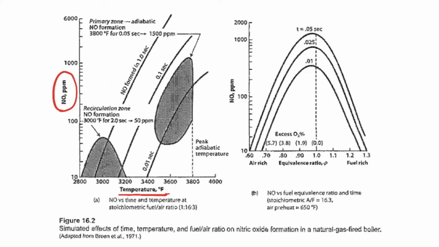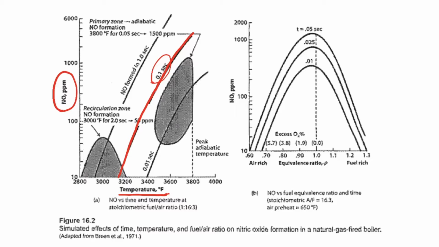Okay, so you can see that if, let's say, we just follow this line here. So what this line means is we let the gas mixture stay for 0.1 seconds under this high temperature zone of the flame.